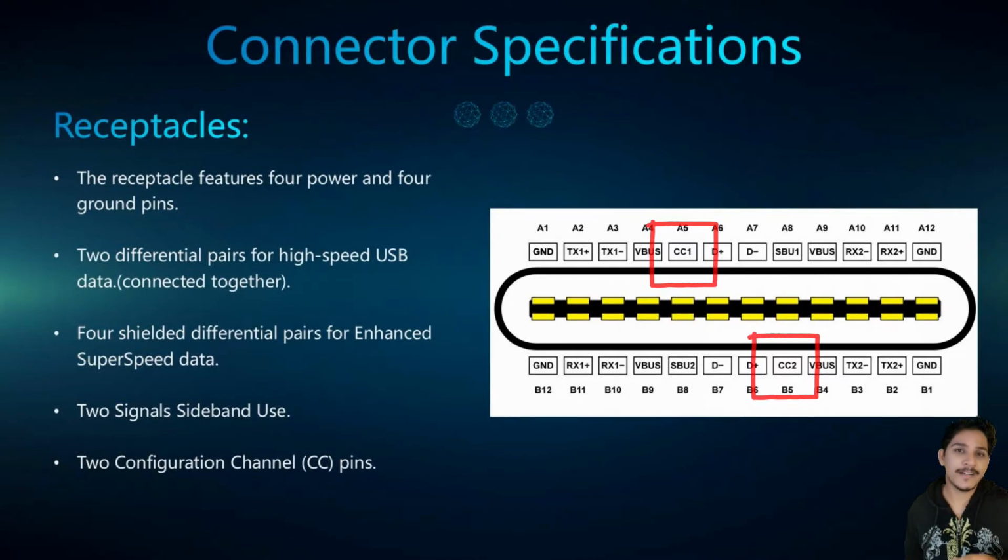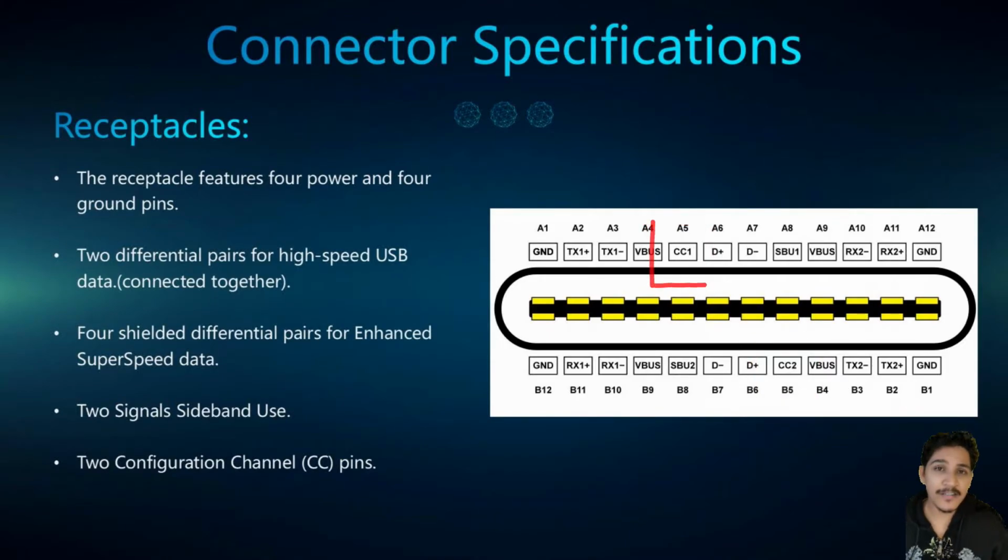They will manage the alternate modes, and they will also detect the orientation of the USB connector, and depending upon that orientation logic, they will decide whether CC pin 1 or CC pin 2 should be used, and route the USB data accordingly. Those things will be handled by these CC pins.